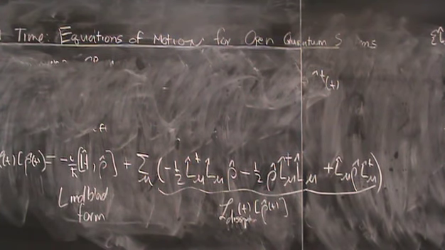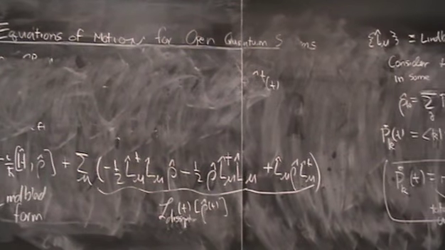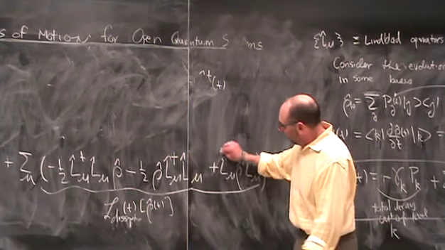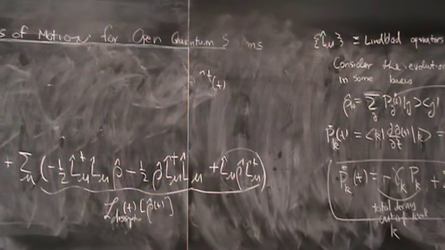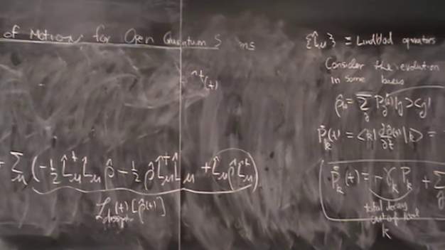The decay part looks like Hamiltonian evolution, but with an imaginary energy, whereas these terms don't look like Hamiltonian evolution at all. That's going to become important when we look at the problem of quantum trajectories in a few weeks.